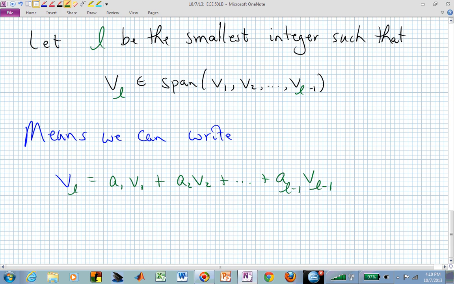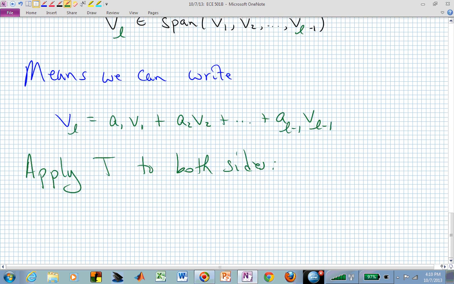Let's now operate on both sides with T, the linear map. So if we now apply T to both sides of that expression, we end up with T v sub L equal to a1 T v1 plus up to a sub L minus 1 T v sub L minus 1.